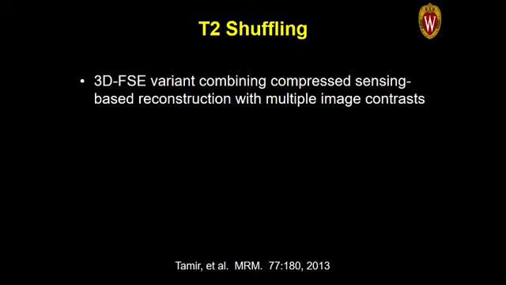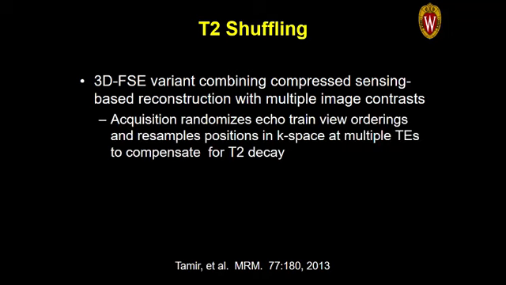So the last technique I want to talk about in which musculoskeletal MRI is accelerated is a technique called T2 shuffling, which is described by Dr. Vasanawala from Stanford University. T2 shuffling is a three-dimensional fast-spin echo variant combining compressed sensing-based reconstruction with multiple image contrasts.